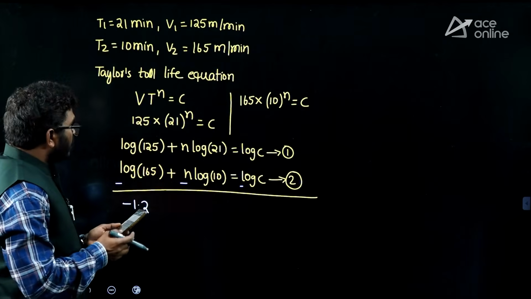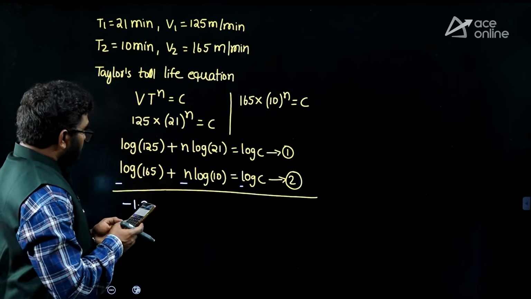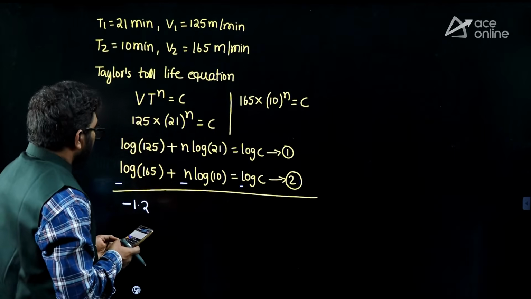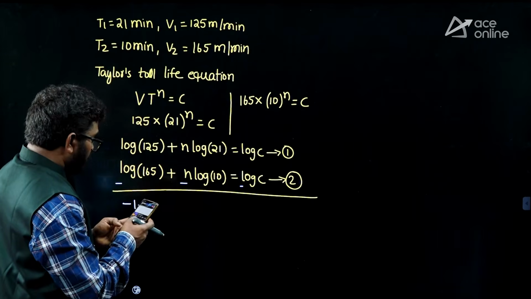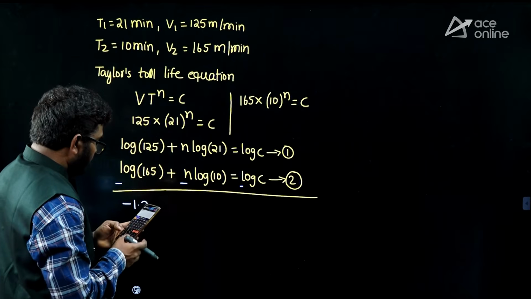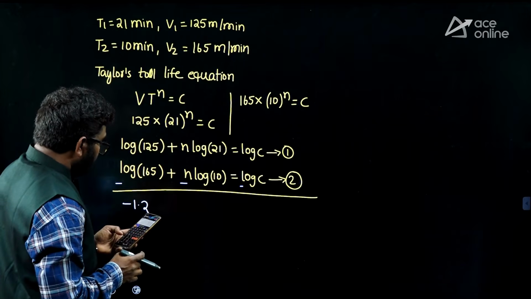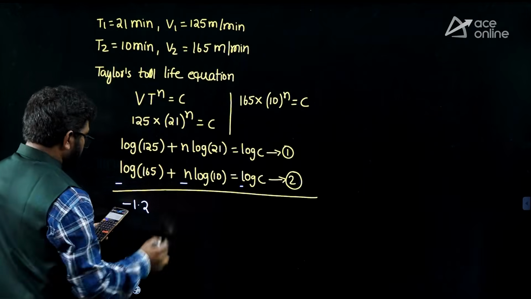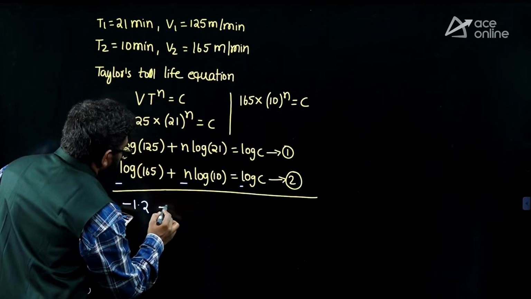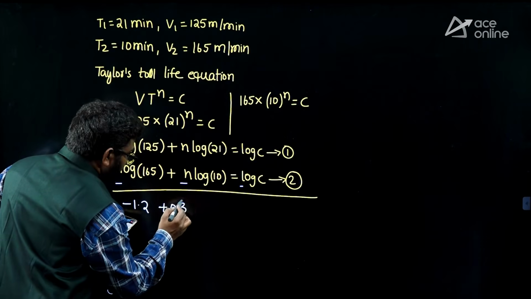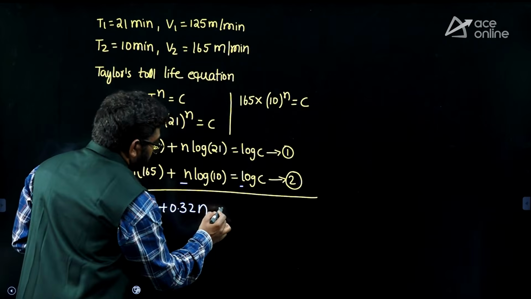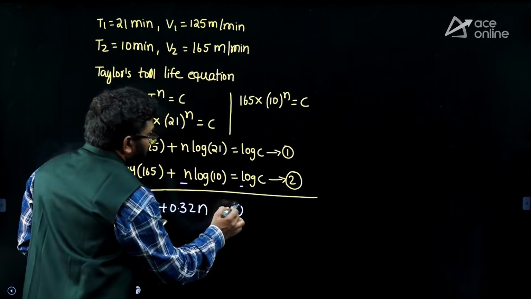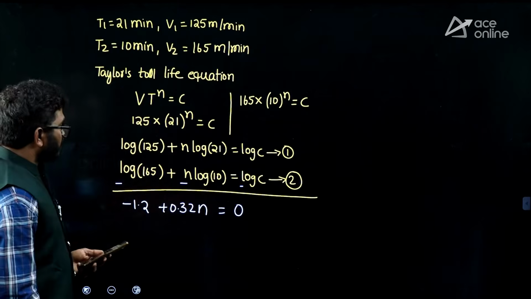Next, log 21 is 1.3 and log 10 is 1, so plus 0.32 n is equal to 0.